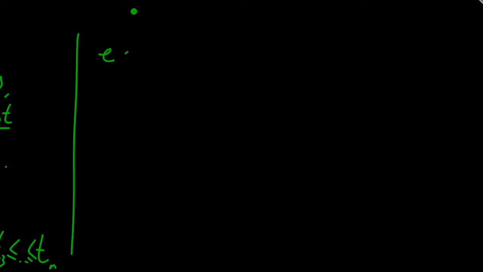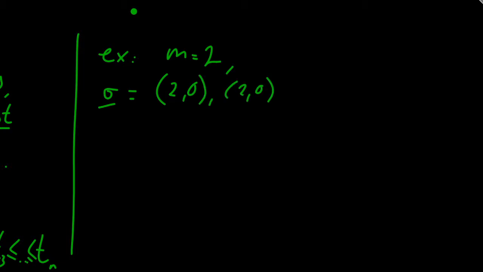So in an example, if we have only two machines, and my input sequence is, say, (2,0), (2,0), and that's all. Then an optimal schedule would be just this: since I already have two machines, I'm putting both jobs instantly on the machines.